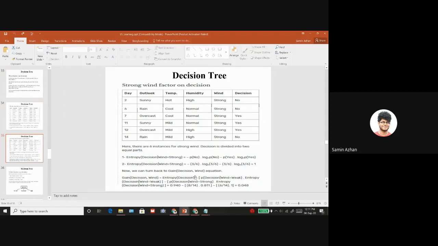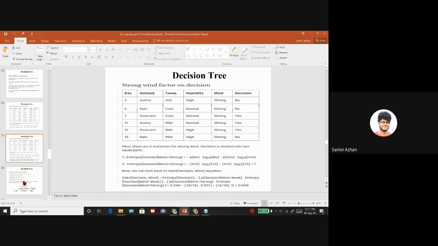And this would be the entropy of decision, which we calculated at the very beginning, minus probability of decision while outlook is sunny times entropy of decision while outlook is sunny, minus probability of decision while outlook is rain times entropy of decision while outlook is rain, and lastly minus probability of decision while outlook is overcast times entropy of decision while outlook is overcast.